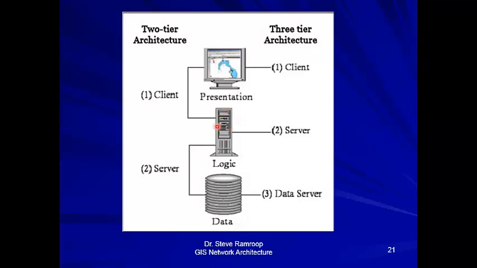Why? Because the server is going to have your DBMS, the database management system, that's going to control who has access to the data. It's going to control the security and maintain data integrity. So it is a preferred method if I want to share my data on this server via the internet.